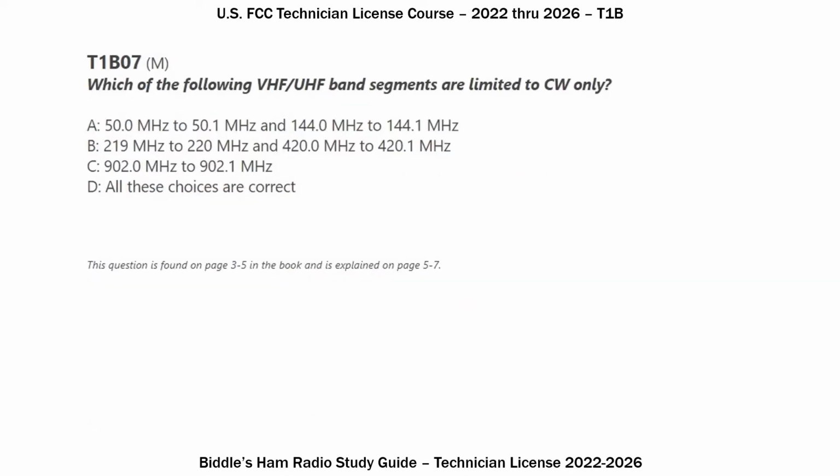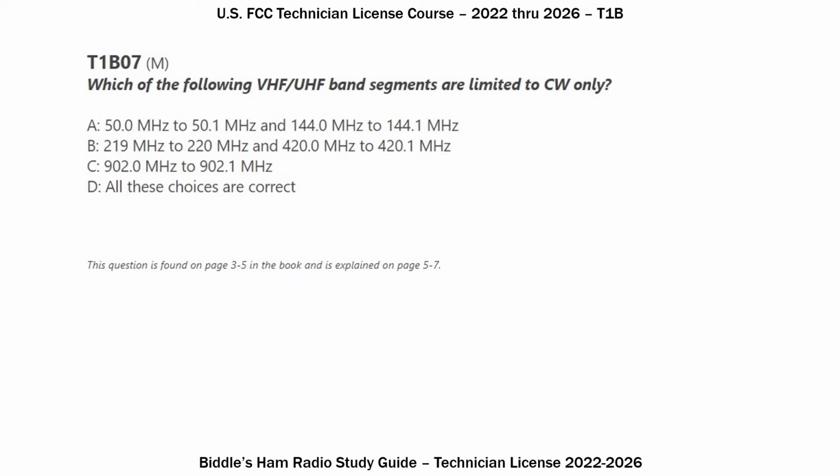T1B07, another modified question. Which of the following VHF, UHF band segments are limited to CW only? So what we're talking about is what frequencies can you only use CW or Morse code on? The options are A, 50 megahertz to 50.1 megahertz and 144 megahertz to 144.1 megahertz.